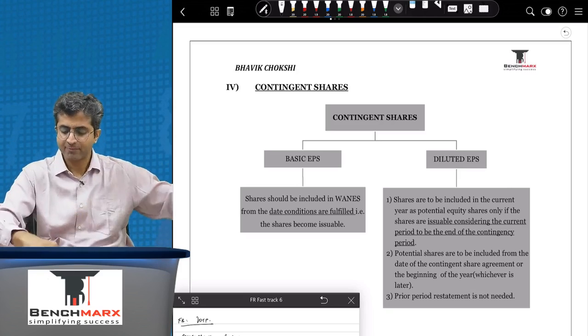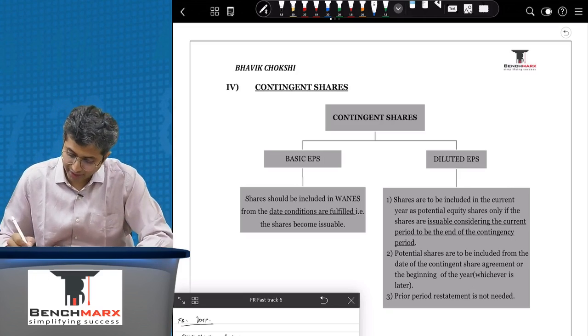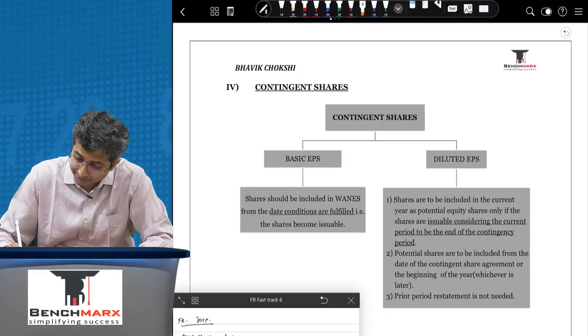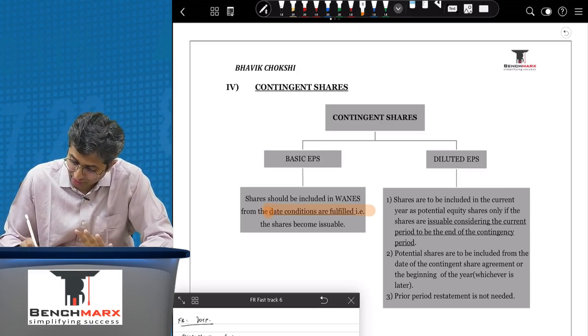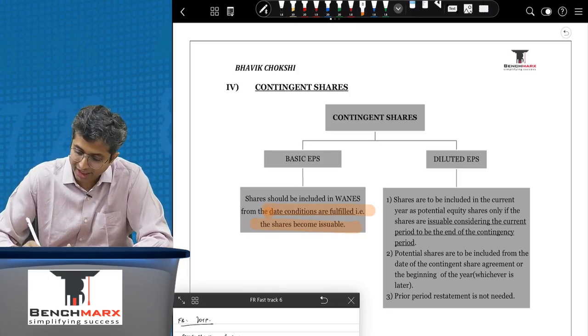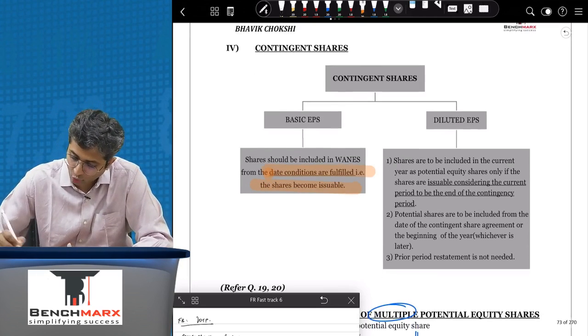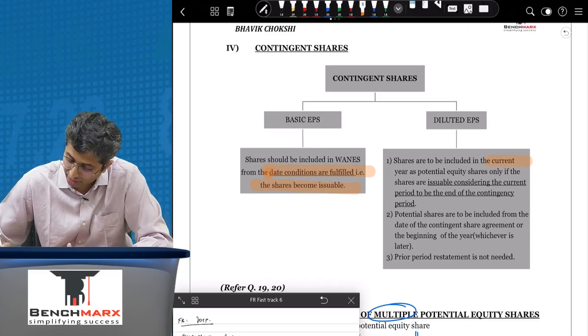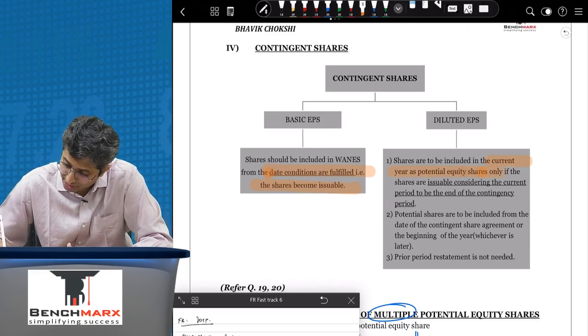Basic EPS says shares should be included in weights from the date the conditions are actually fulfilled. That is, the shares become actually issuable. Whereas in case of diluted EPS, you have been told that shares should be included in the current year as potential shares only if the shares are issuable, considering the current period to be the end of the contingency period.